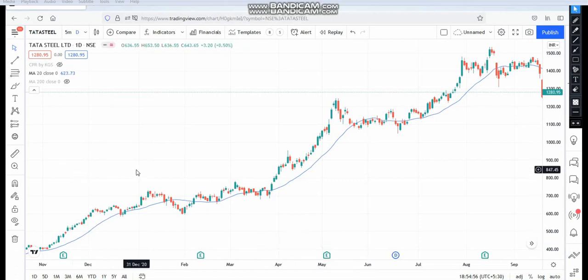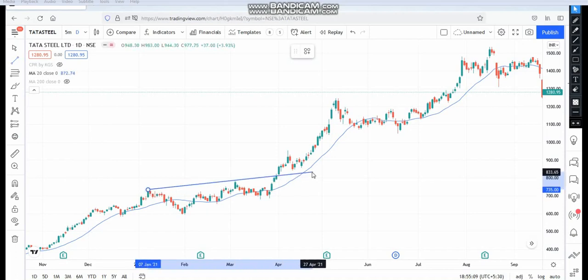Here you see I am going to connect two resistance. This is the trend line I have drawn now. Here you see I have taken two resistance. These are the two resistance I have taken.